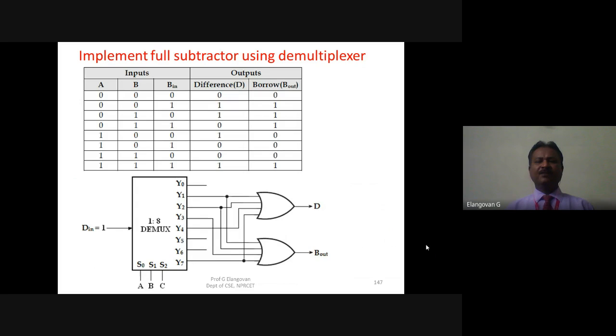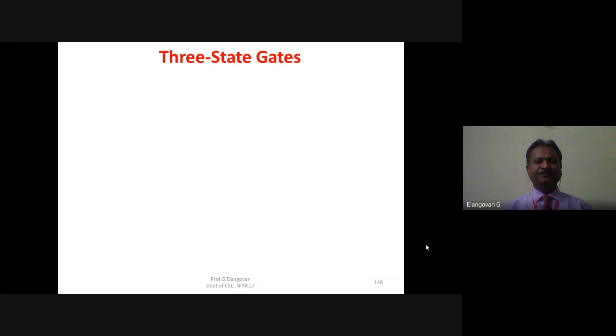You can select the outputs Y1, Y2, Y4 and Y7, combine them and give them to an OR gate, and it becomes the difference. And if you give the outputs Y2, Y3, Y1 and of course Y7, you will get the borrow out.